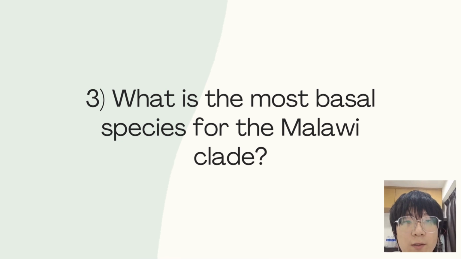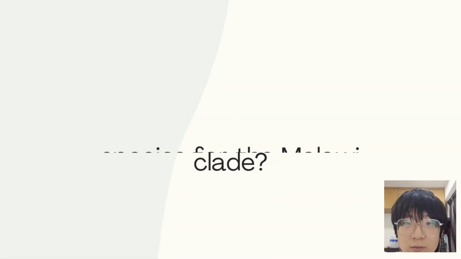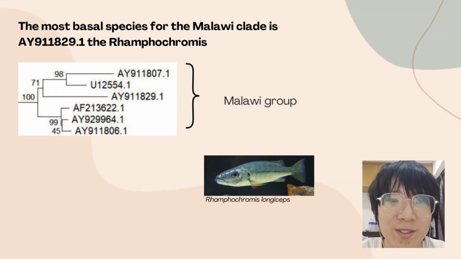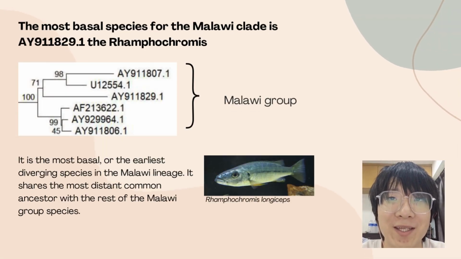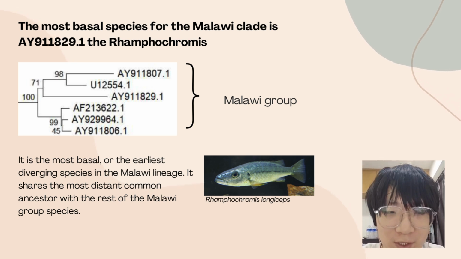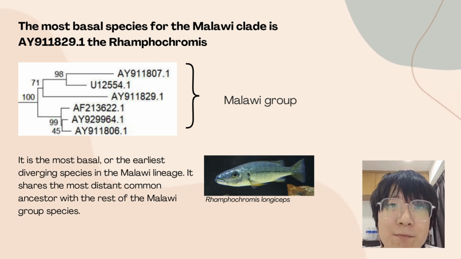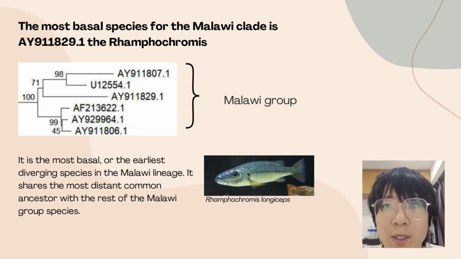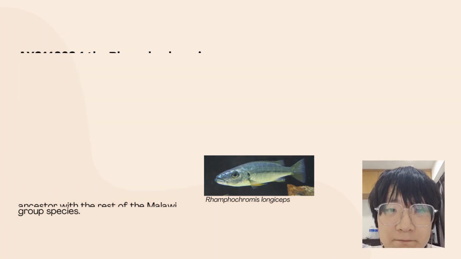The species on that branch is the most basal. So within this group, the species AY911829.1, the Rhampochromis, branches off first from the other Malawi species. This makes it the most basal member of the Malawi clade.